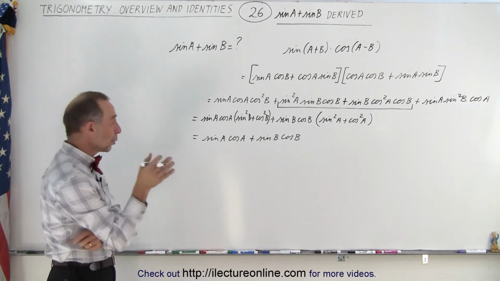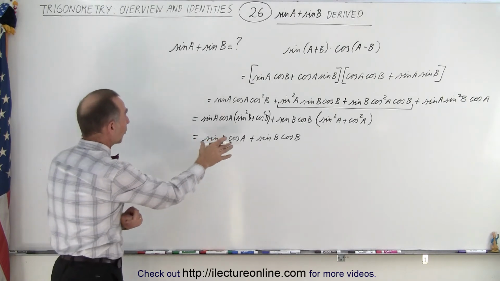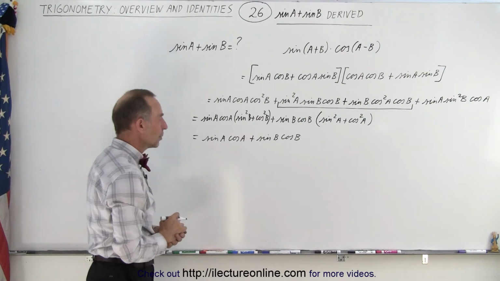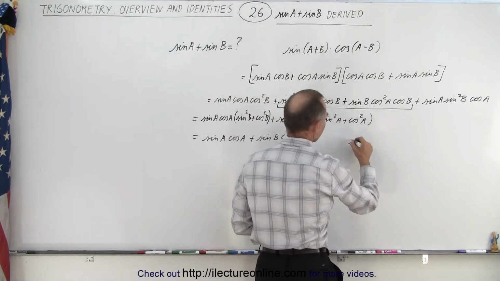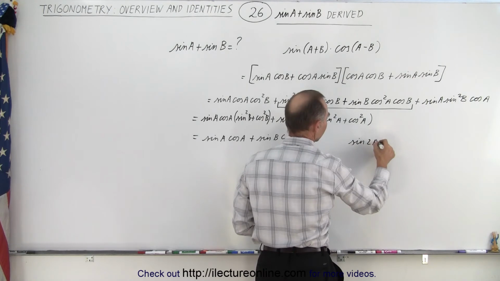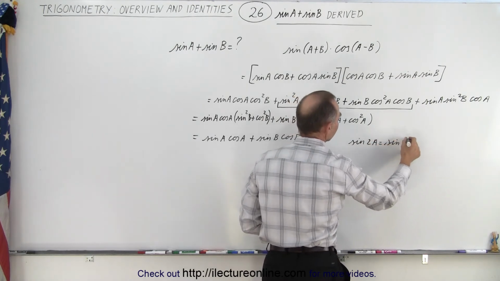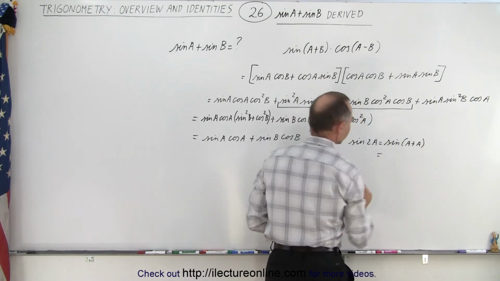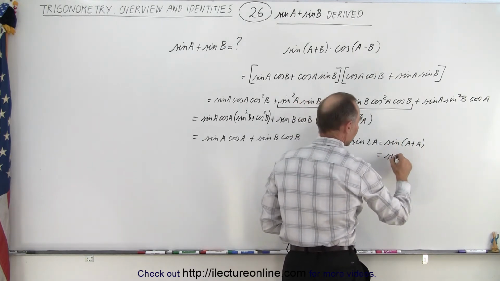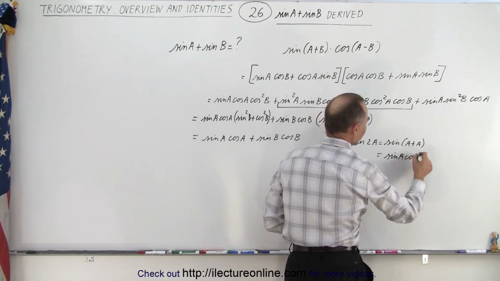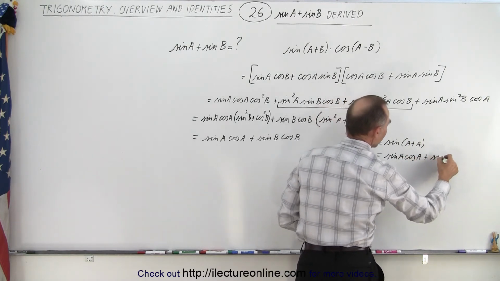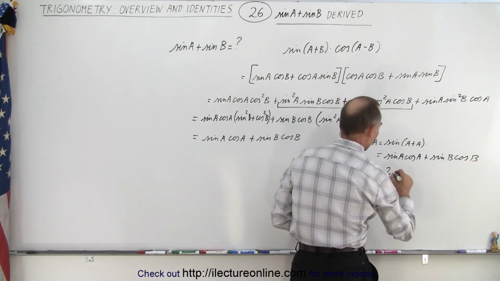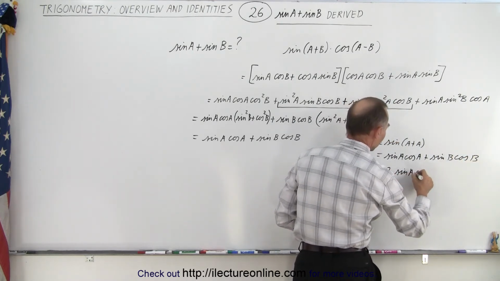All right, now we need one more identity to transform this into something that looks much closer to that. Notice that if I have the sine of 2A, that equals the sine of A plus A, which equals sine A cosine A plus sine B cosine B. And that then equals 2 times the sine of A times the cosine.